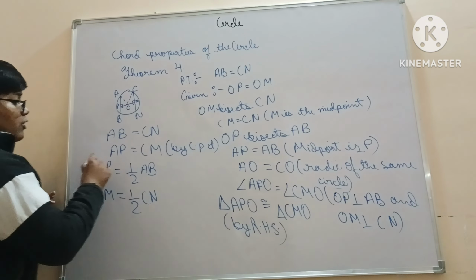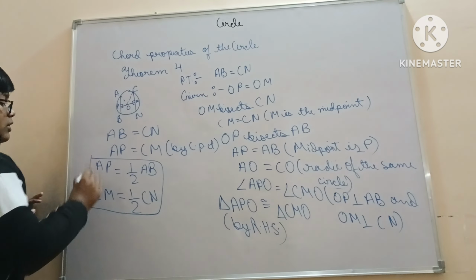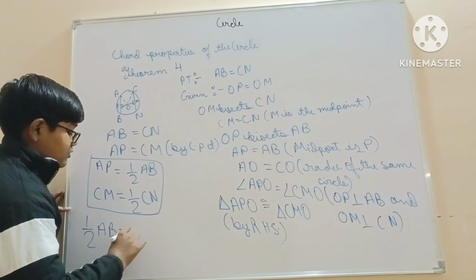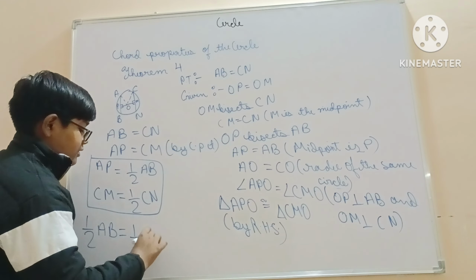Now we can substitute these values and write that half of AB is equal to half of CD.